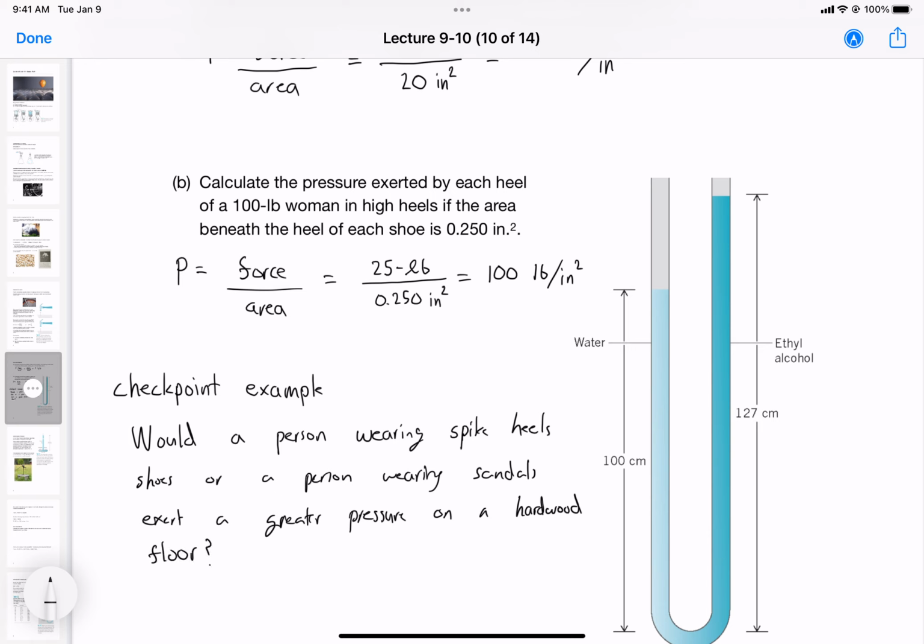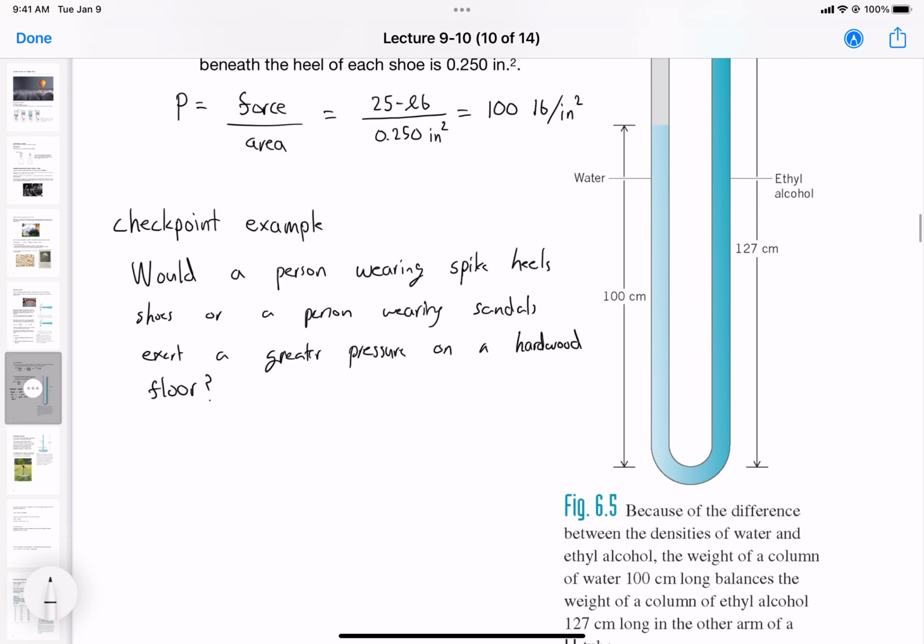Okay. So you can pretty much gauge this if you ever test the sound of contact between a sandal on a hardwood floor and someone wearing spike heels. You would hear a very different pitch and sound, right? For someone wearing heels, there's a stronger force of contact. Well, not stronger force, sorry, stronger pressure due to the smaller area of the spike heel.